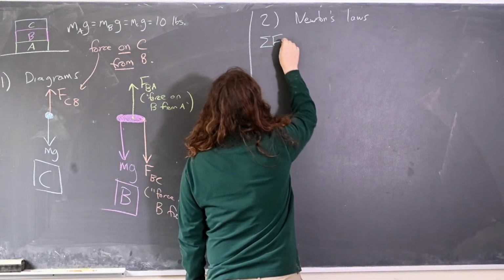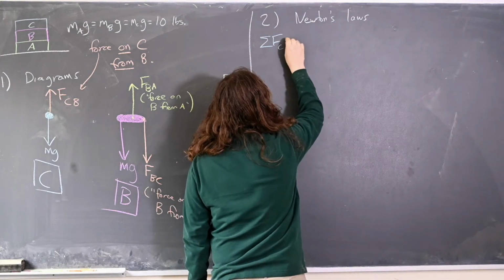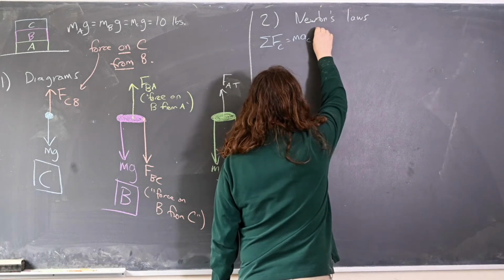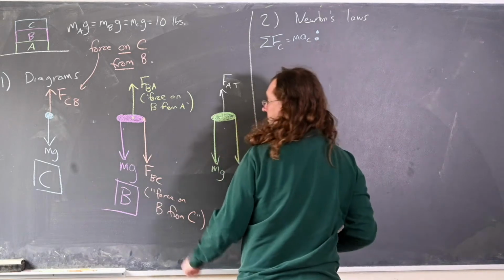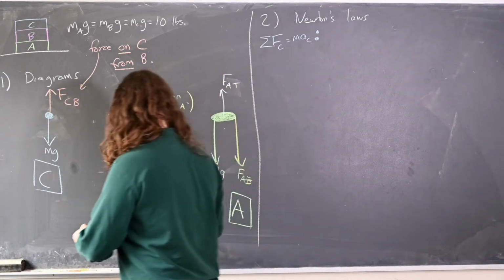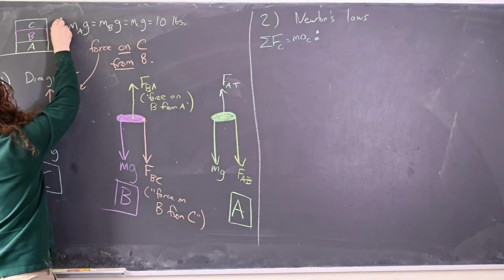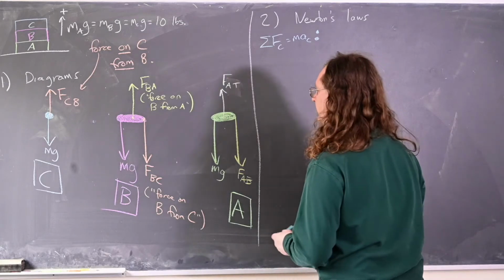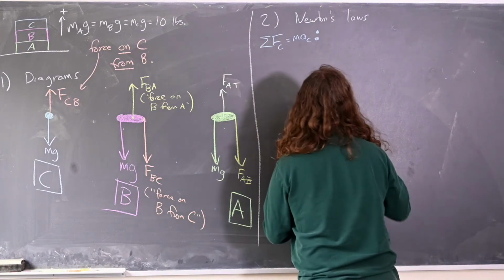The sum of the forces on C is MAC. So here we just copy them off. We're going to choose the standard coordinate system where up is positive. You don't have to make that choice, of course, but this is what we'll do here.